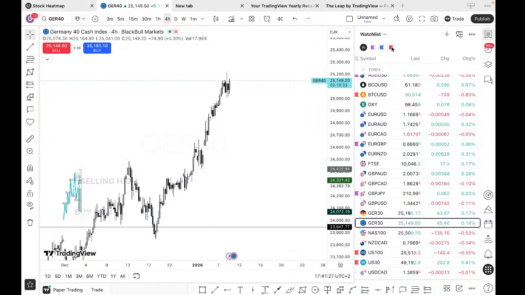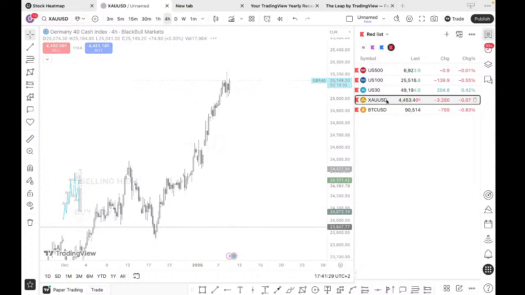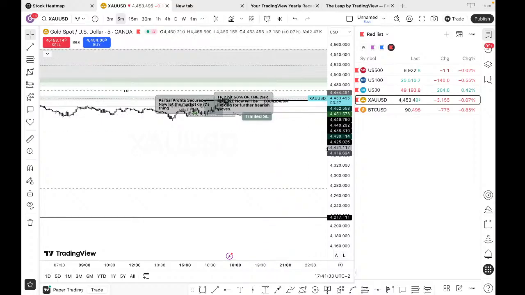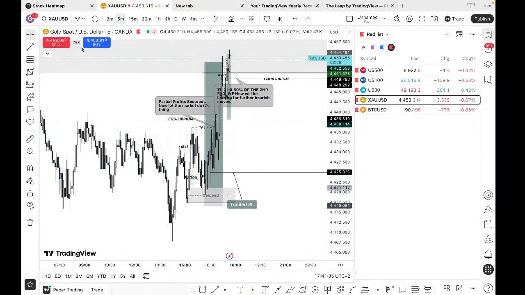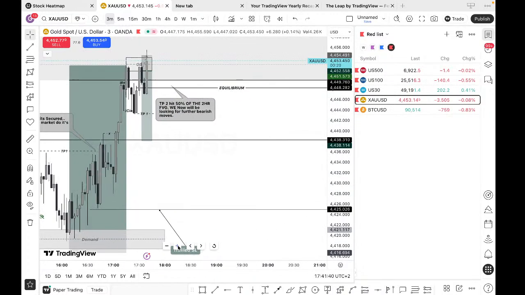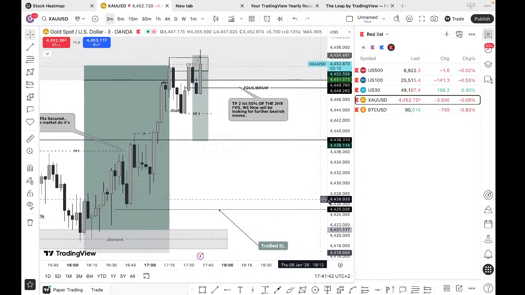Are we done? Before we donate back the money that we made, let's just leave gold.